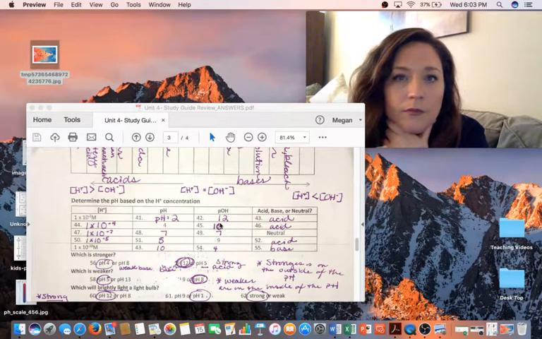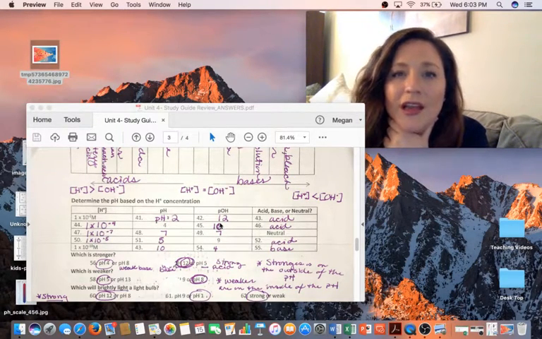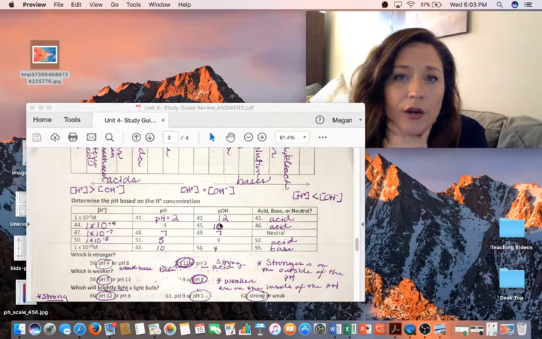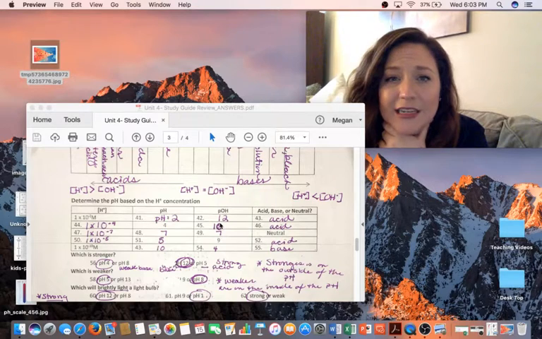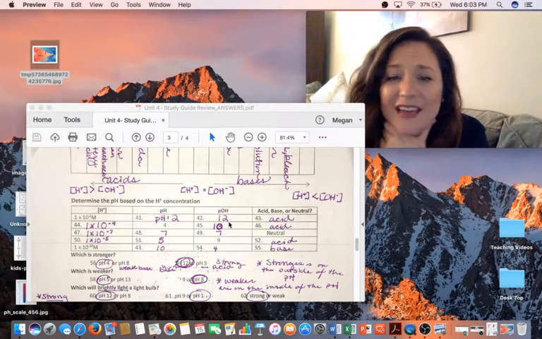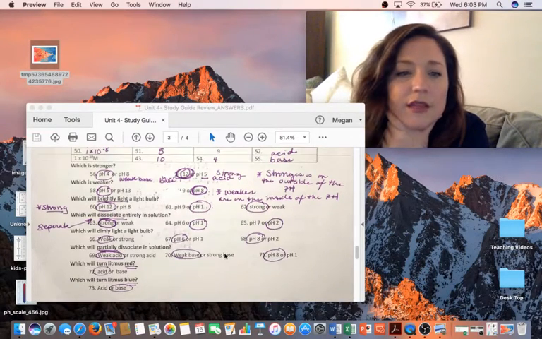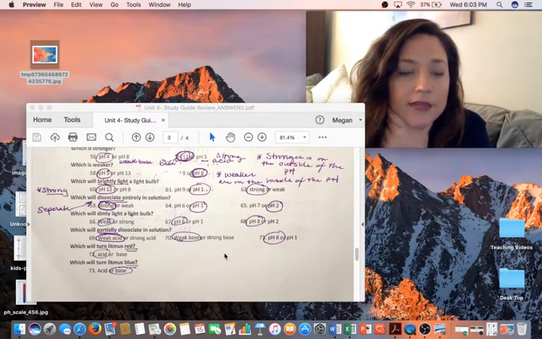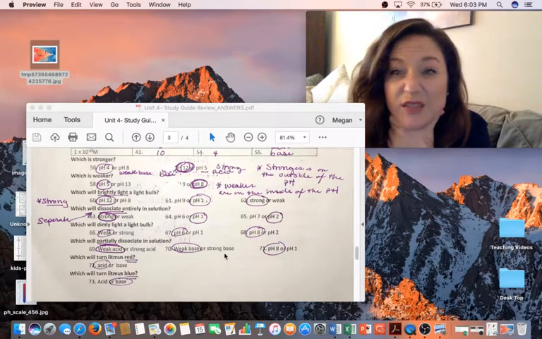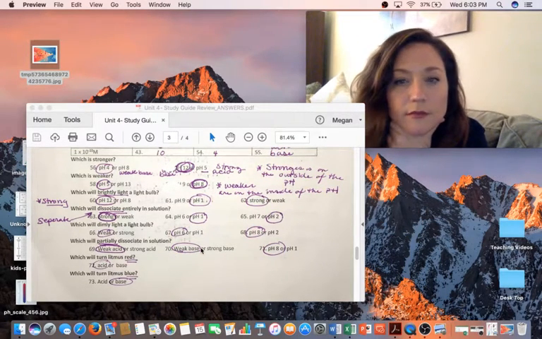Now, if I'm trying to find my pOH and I have a pH of 4, all I have to do is take 14 minus 4, which equals 10, and that is an acid. Now, please do not just copy these. I hope you are studying them, because I will find out on Friday when you take your test.